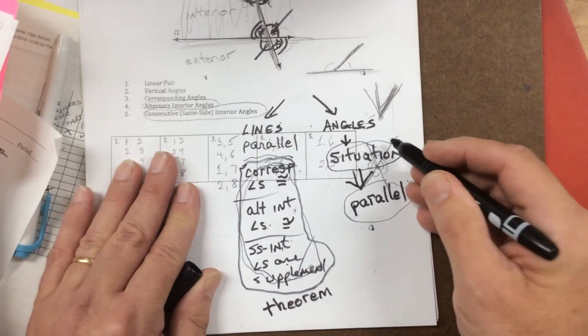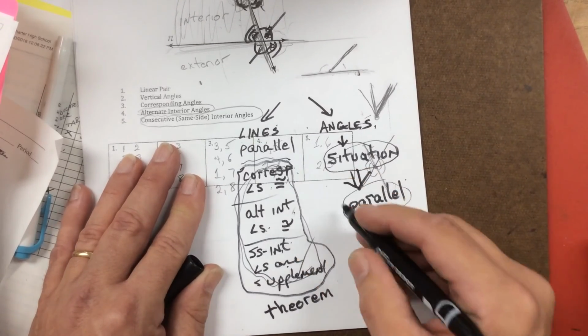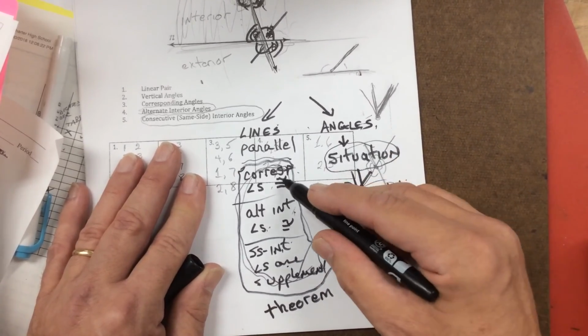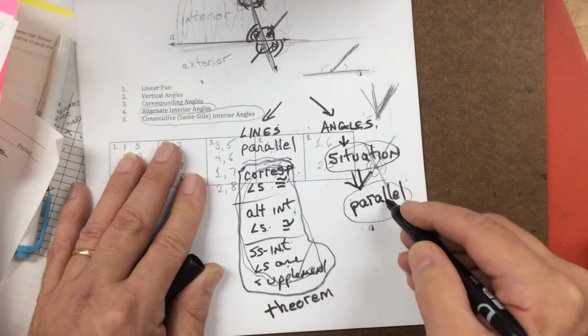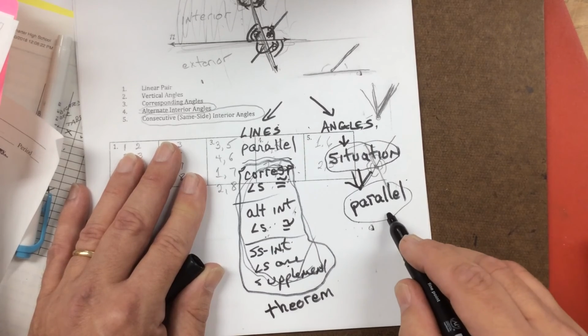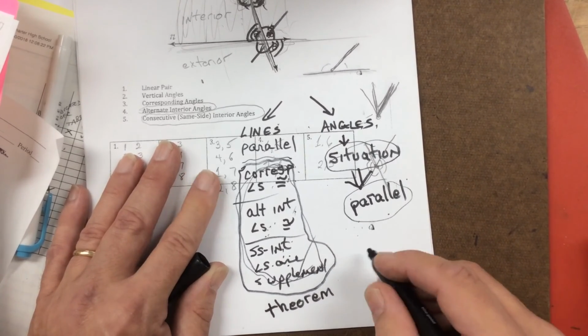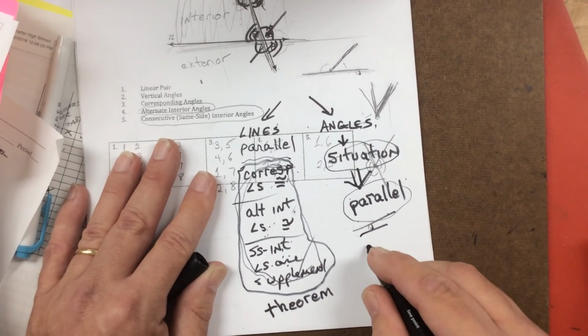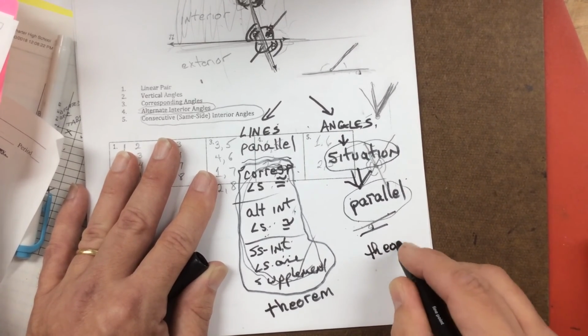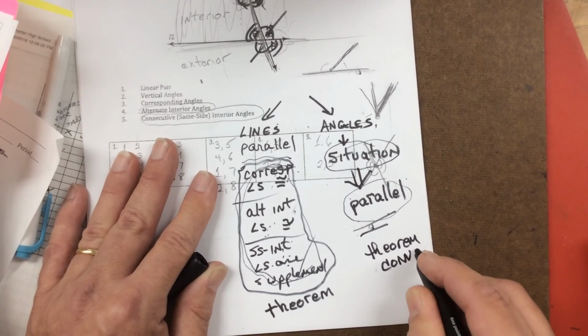This one over here, because it's the opposite of this, is called the corresponding angles theorem converse, or the alternate interior angles theorem converse, or the same side interior angles theorem converse. So this is the theorem converse.